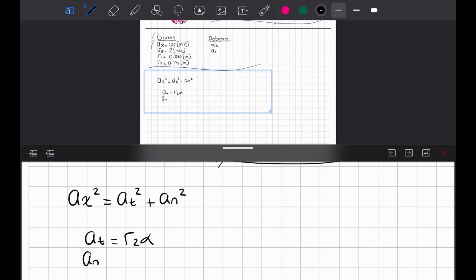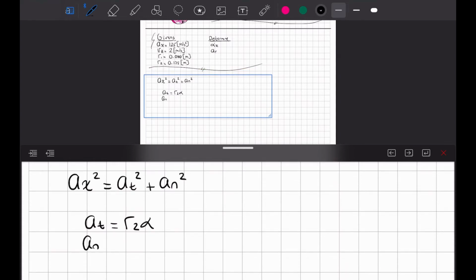And likewise, from our known formulas for the normal acceleration, in general, that's just going to be the tangential velocity squared of whatever point we're looking at divided by the radius of curvature. But the radius of curvature, again, because it's not changing, it's just going to be equal to r. So we're going to have vt squared over r2.